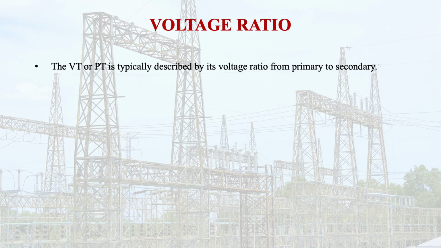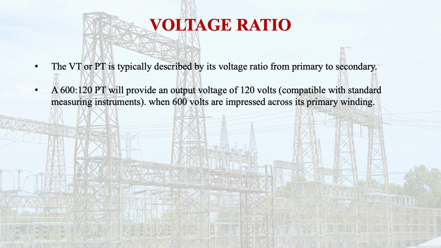A voltage transformer, or PT or VT, is typically described by the voltage ratio from primary to secondary. Suppose a 600 by 120 ratio PT will provide an output voltage of 120 volt when 600 volts are impressed across the primary winding. So the secondary voltage rating of 120 volt is comparable with the standard measuring instruments.